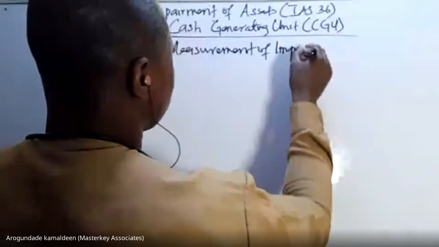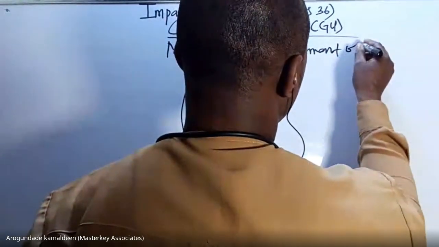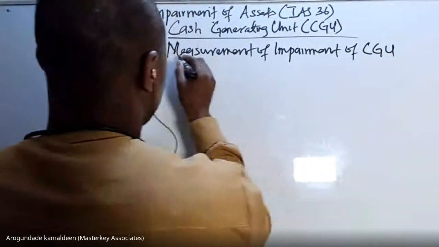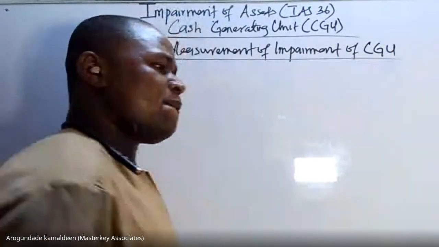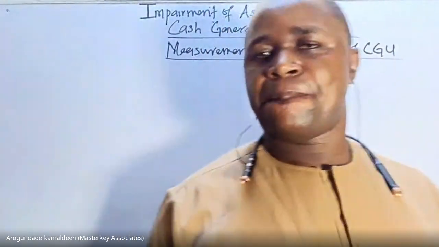The impairment of a CGU, cash generating unit. Class, impairment is impairment.